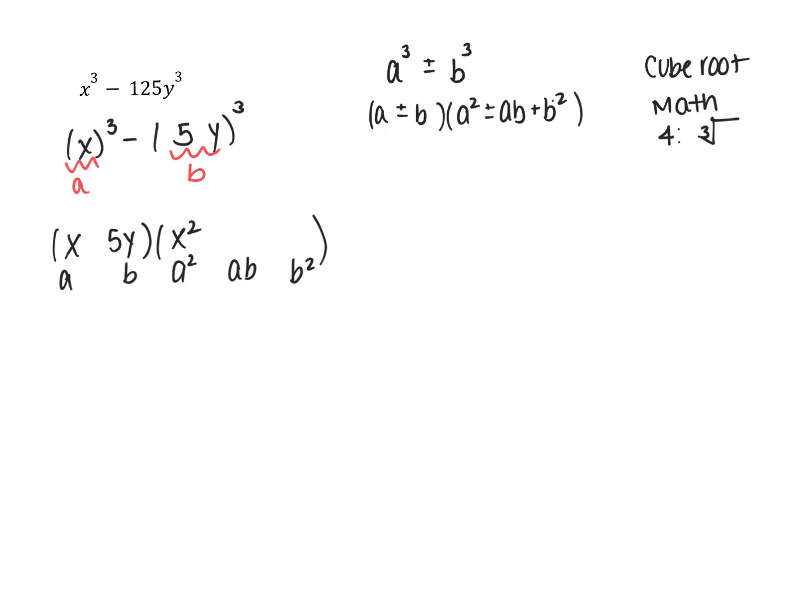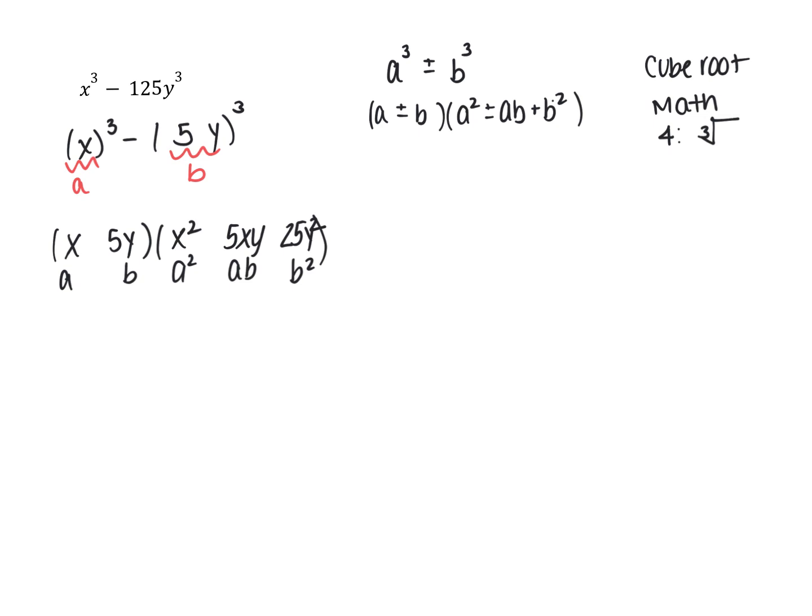AB goes in here. AB means A times B, so X times 5Y is just 5XY, or YX, whatever you choose. And then B squared, so take this whole term, 5Y, and square it. So square both the 5 and the Y, gives you 25Y squared.